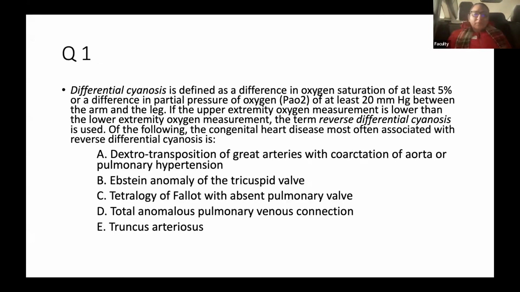So differential cyanosis may happen, but it will not be a reverse one. If you do a heart screening test in total anomalous pulmonary venous connection, you will have the saturation difference there, but it will not be reverse, right?